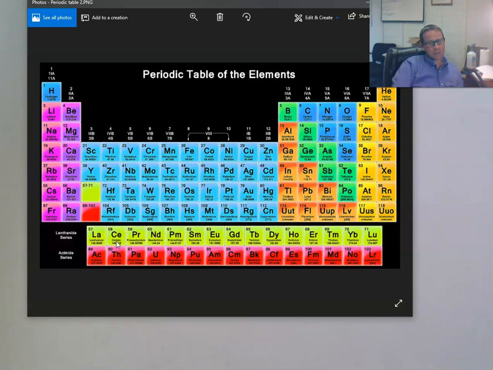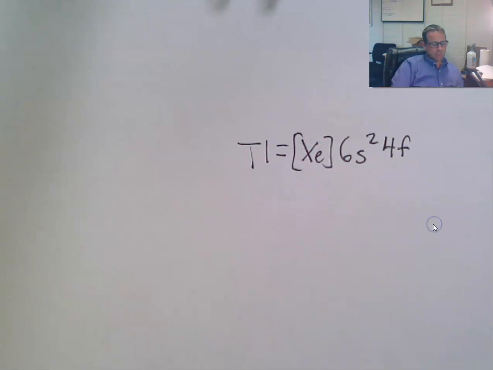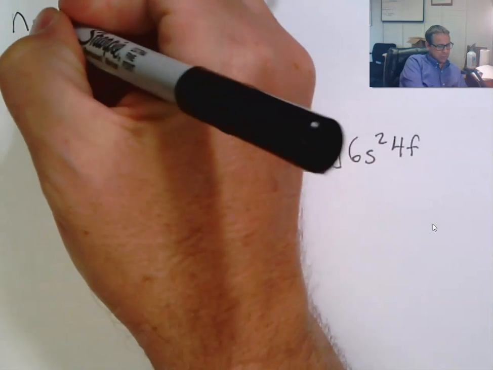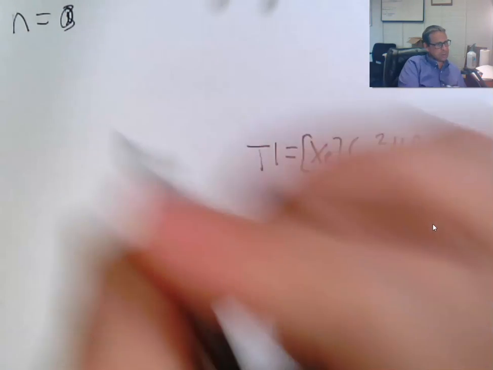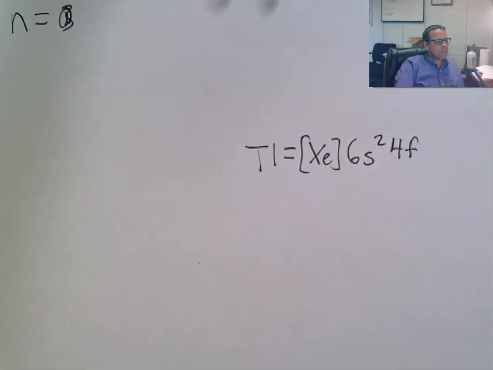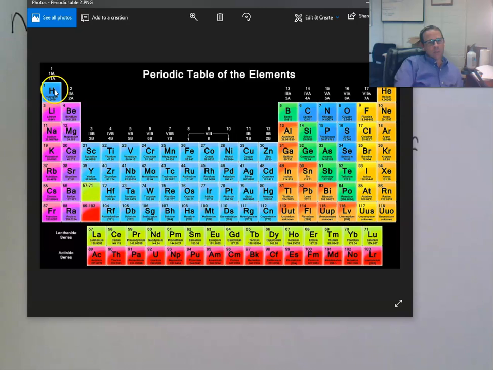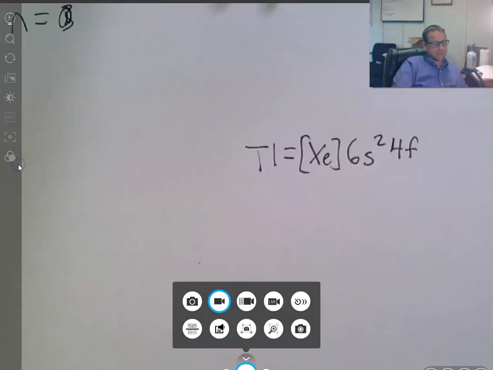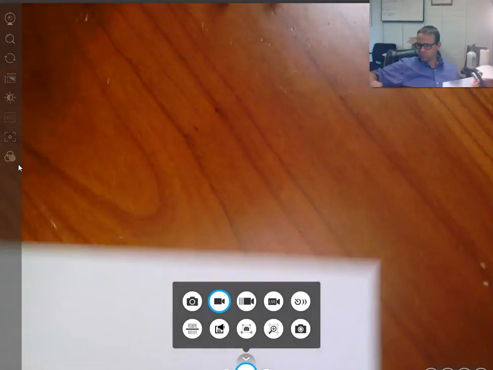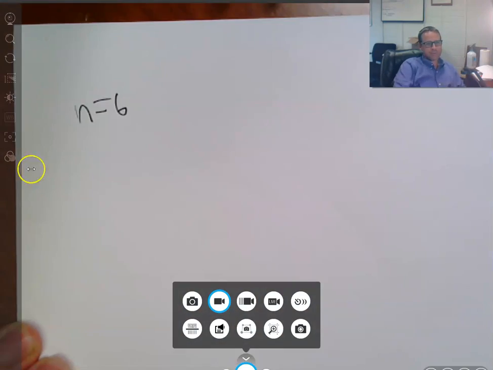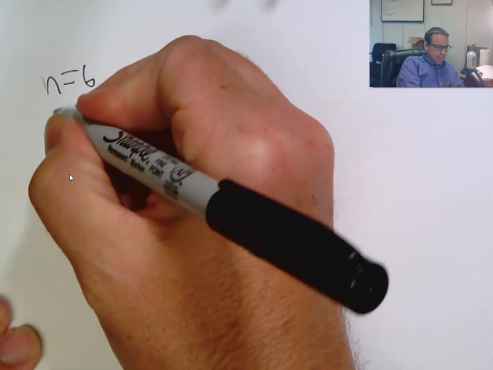And if we think about our possible values, let's get back our periodic table here. If n equals 6, L can equal what?